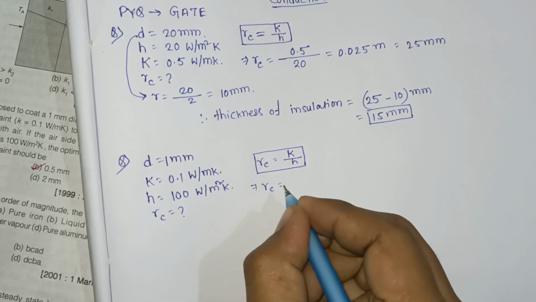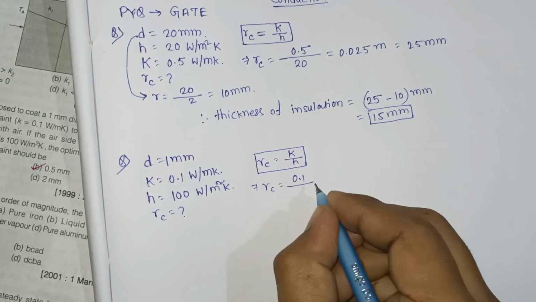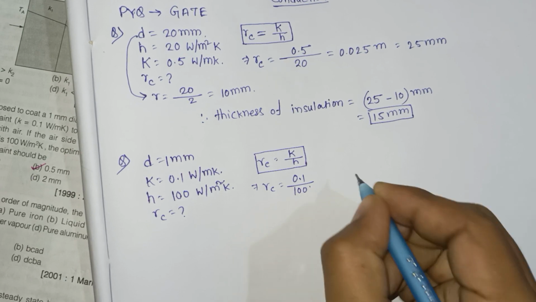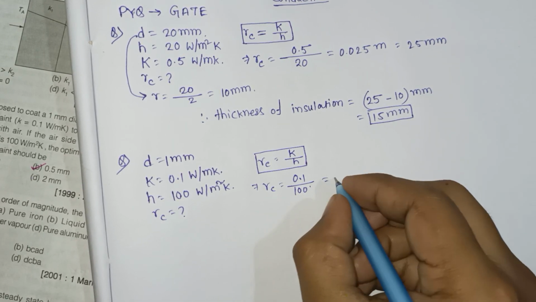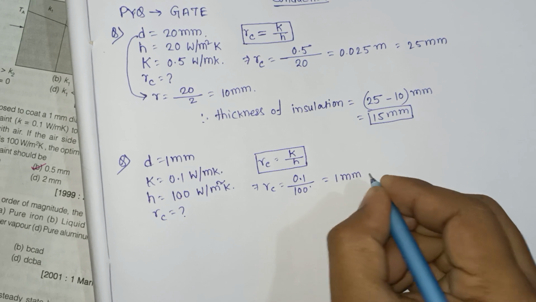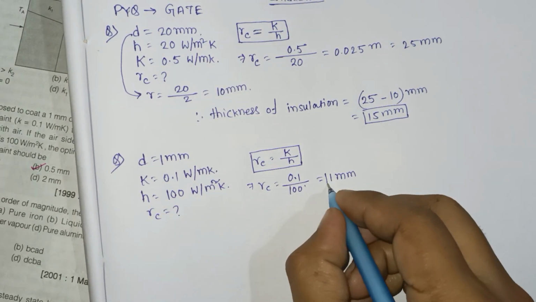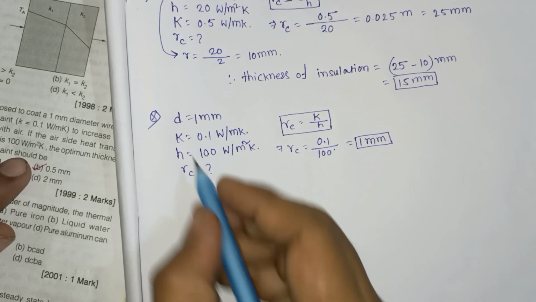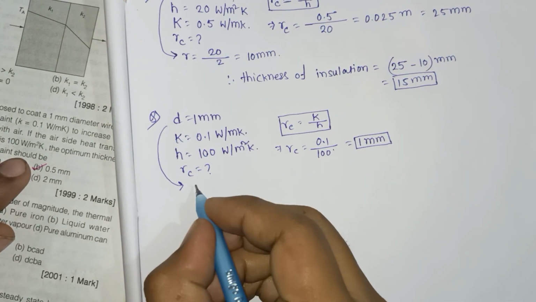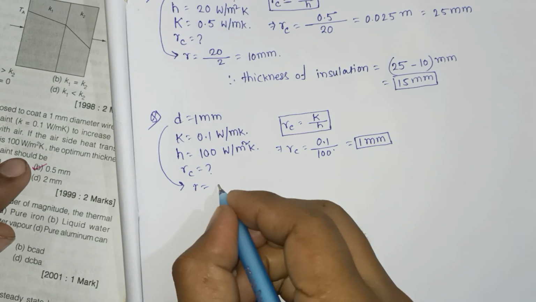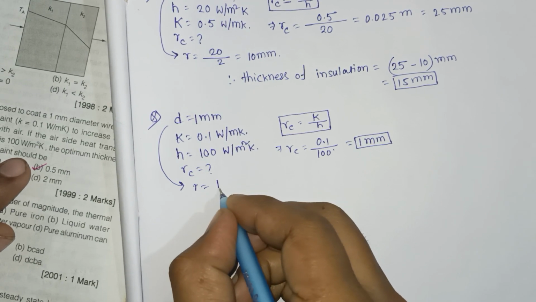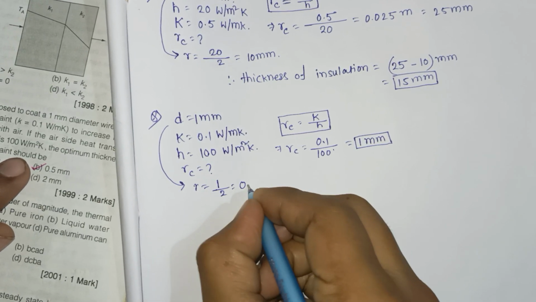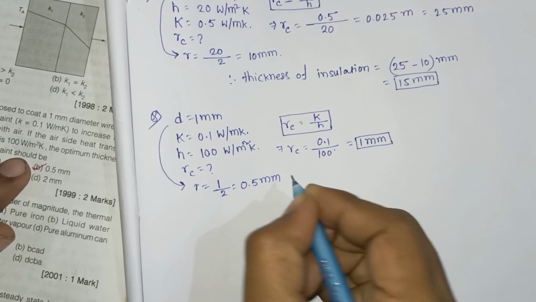So RC equals K, 0.1, by H, 100, that is equal to 1 millimeter. Now the diameter is 1 millimeter, so what is the radius? 1 divided by 2, that is 0.5 millimeter.